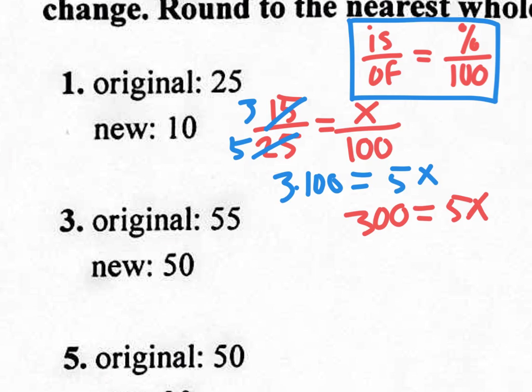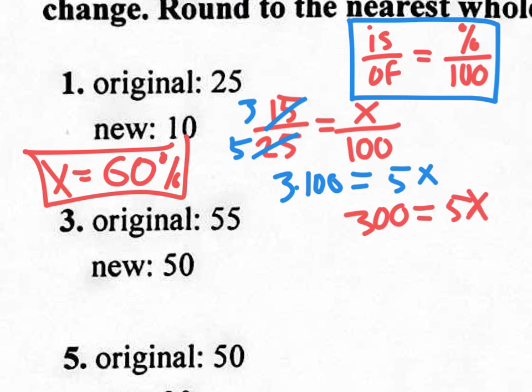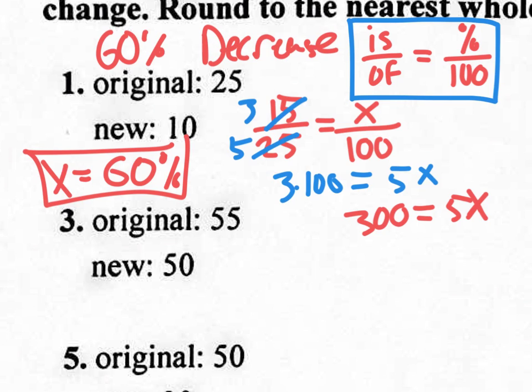If you divide both sides by 5 with the calculator, what do you get? 60. X equals 60. It's not the is part, the 60 is the percent part. So the answer is, this was a 60% decrease. Okay, so that's how you do that first section.